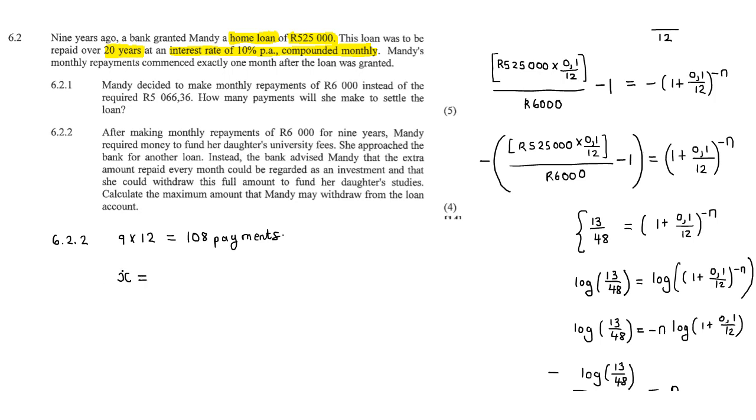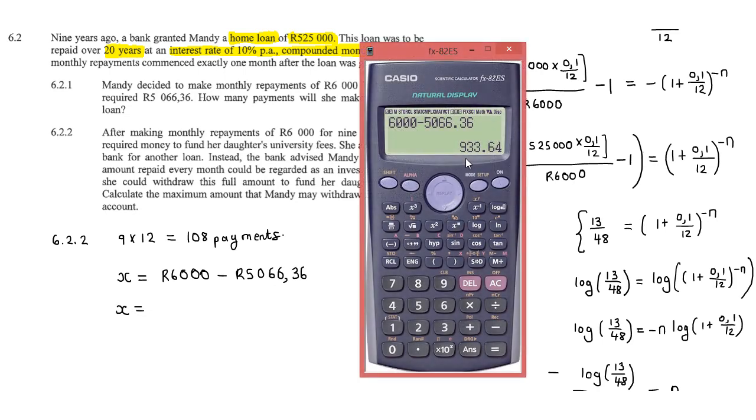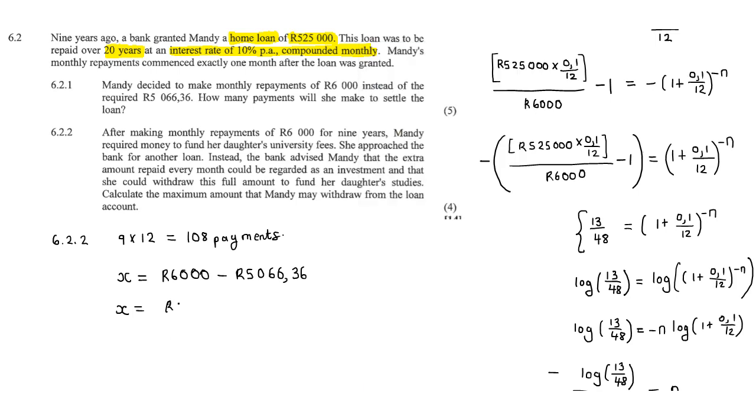This monthly deposit is going to come from the difference between what she was paying and what she was required to pay. So she was paying an extra 933 Rand and 64 cents. That's a lot of money.